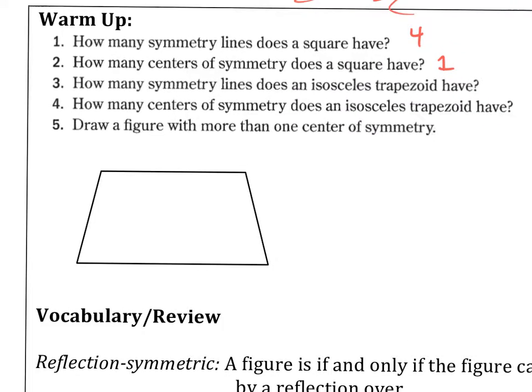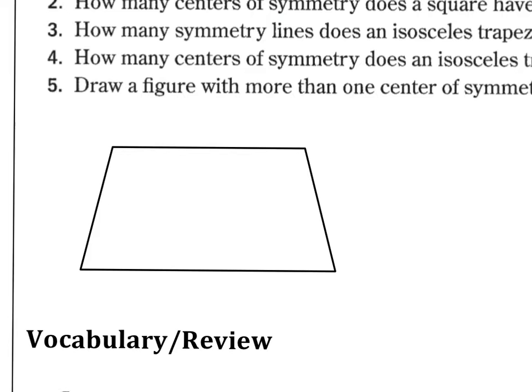How many symmetry lines does an isosceles trapezoid have? This one is not symmetrical here because this point maps to here, which is in the trapezoid, not on the trapezoid. But we could say this, because this point pre-image maps to this image, like the transformations we did earlier.